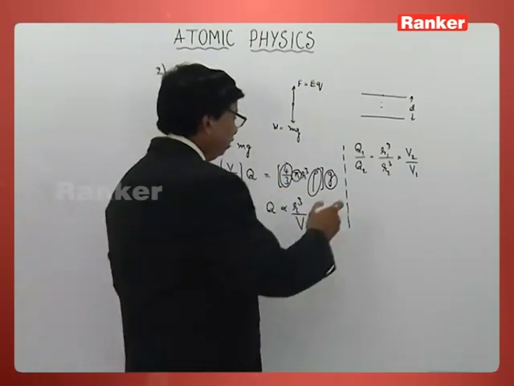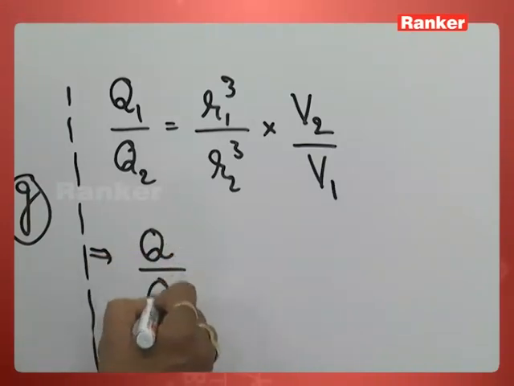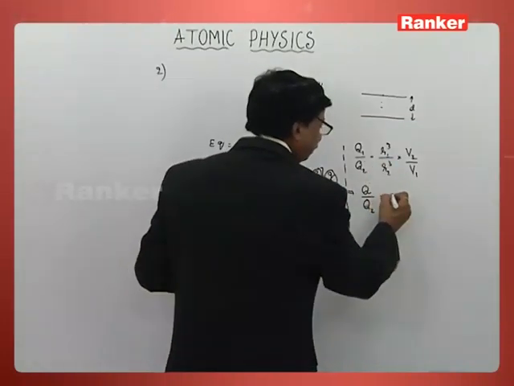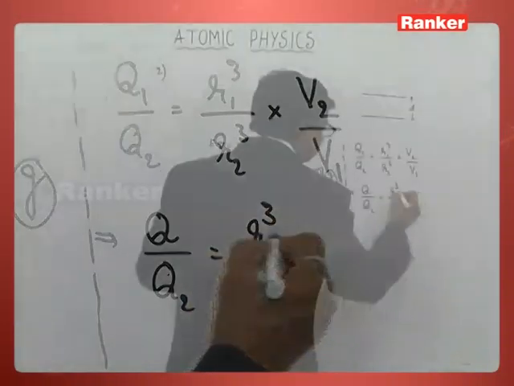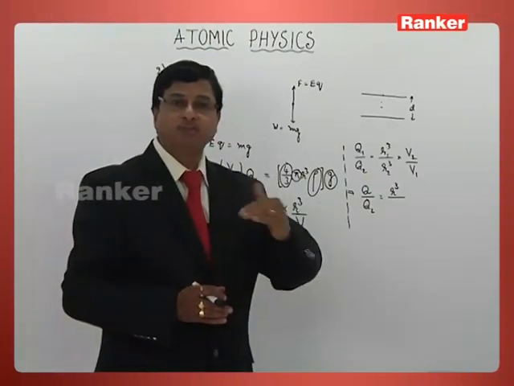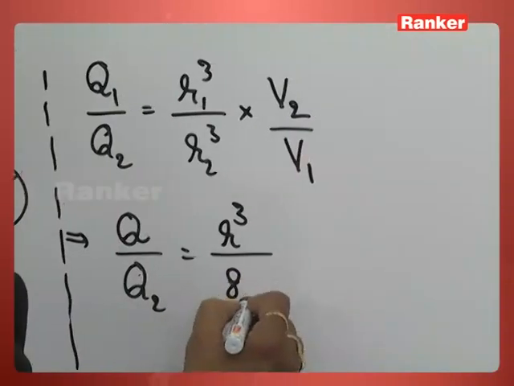Now we can write q1 is given as q for us. q2 is to be calculated now. r1 is given as r. You write r cube. But what is r2? Double the radius he has given, 2r whole cube. You can write that as 8r cube.